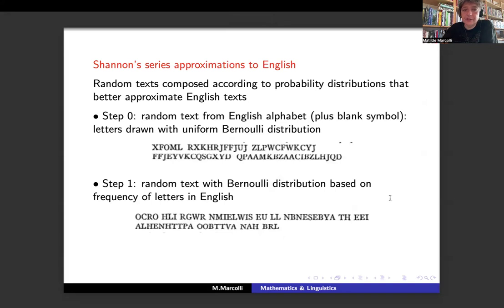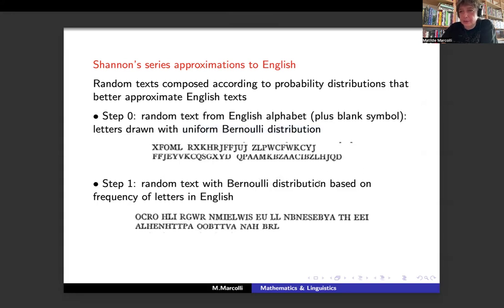Of course, if you just use a Bernoulli distribution and randomly assign letters, where all you know is that the frequency of occurrences of each letter is the same, well, first of all, if it's a uniform Bernoulli distribution, then you get something that doesn't look at all like a language, in any sense.